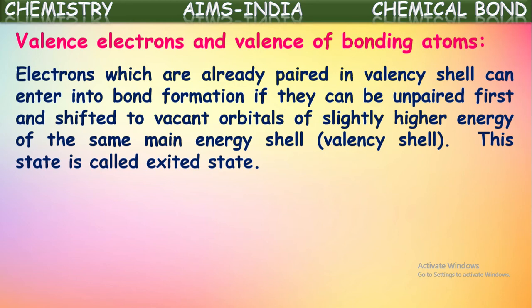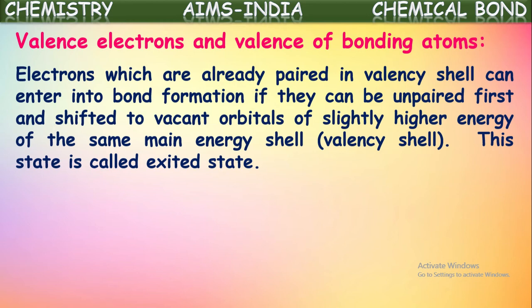When these paired electrons become unpaired and shift into vacant orbitals of slightly higher energy in the same main shell, that state is called excited state. This happens when a certain amount of energy is supplied to the atom, and it happens before the bond formation.